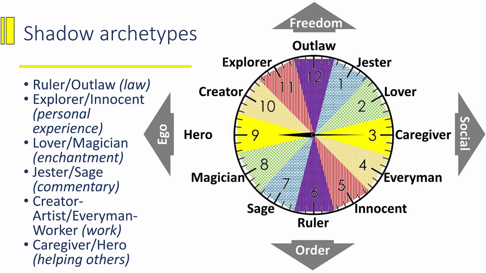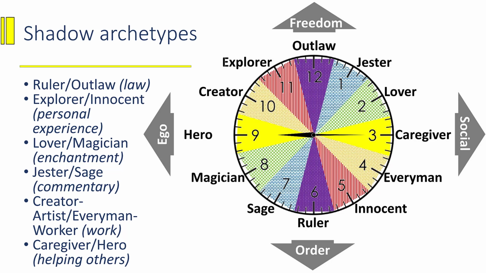Focus on commentary shadows in the sage, more order and ego, and the jester, more freedom and social. Focus on work can build something new, individual and unique, the creator artist, or it can solidify something established, shared, and common, the everyman worker.